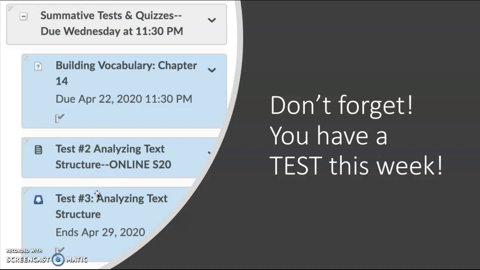Now, this is going to be in the same vein as the last test that you took online, which means it's a Word document. You can either download the Word document and print it and then do it paper pencil, like at your dining room table or wherever you work. Or you can download it, bring it up as a Word document in your computer, and you can type the answers.